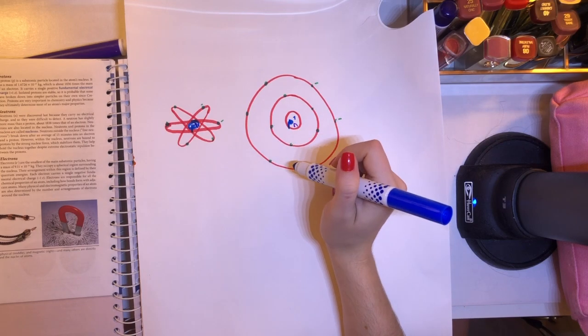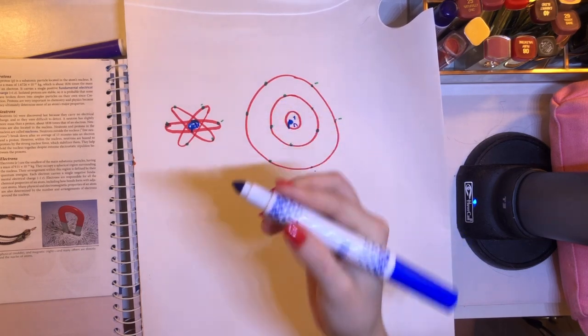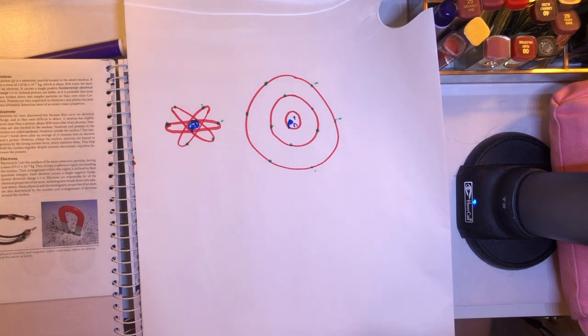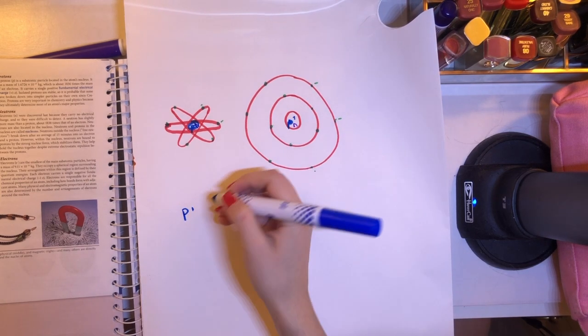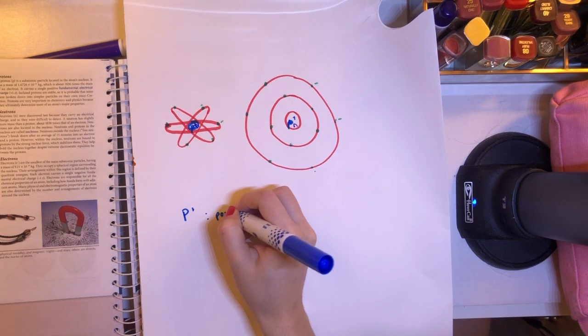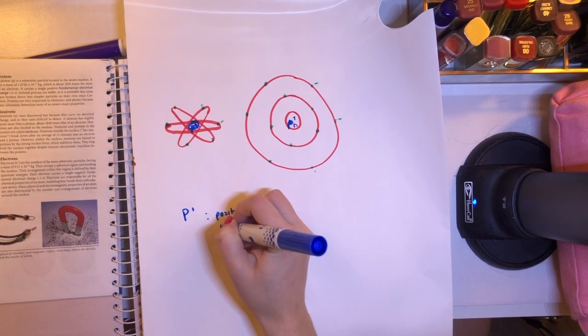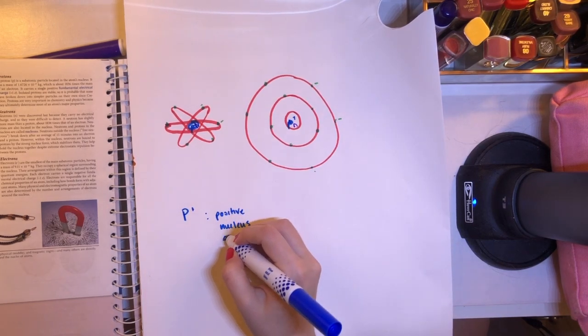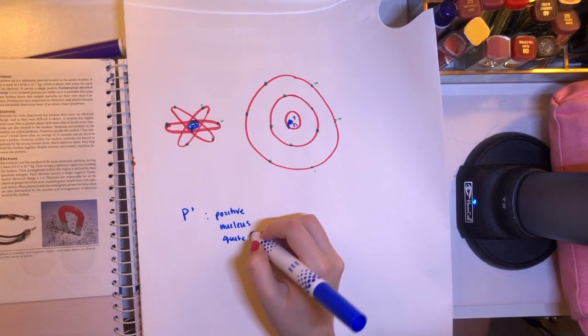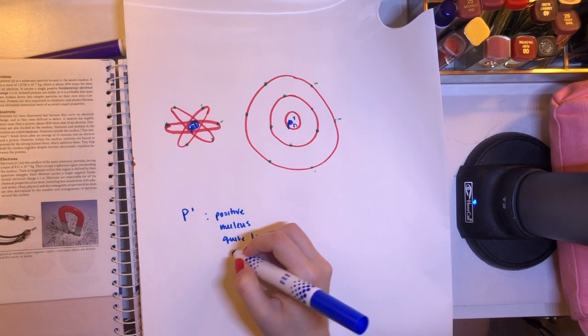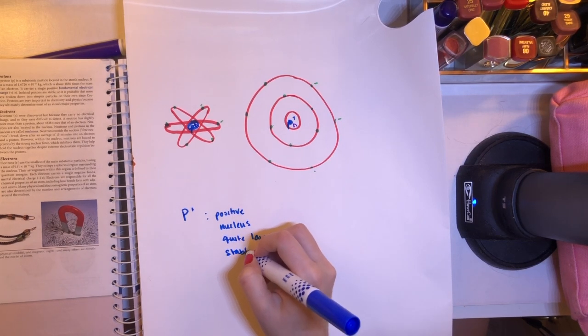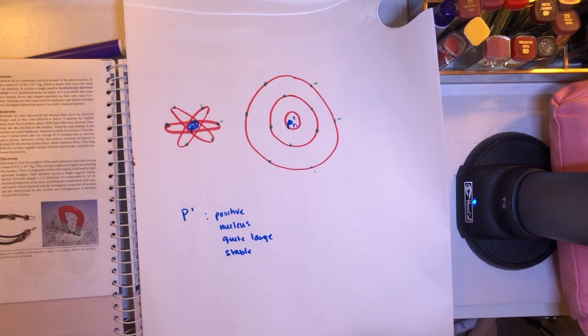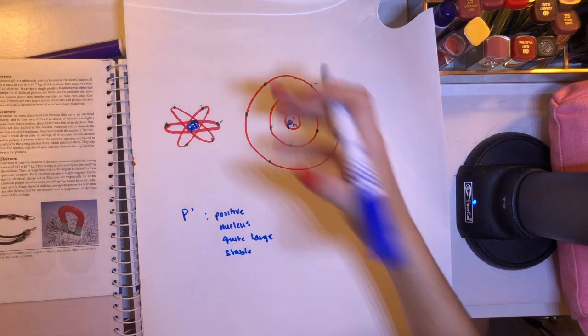What I'm about to tell you about each of these subatomic particles are the most important things that you need to know. So protons are positive. They're located in the nucleus. They're actually quite large. And they're very stable. They're stable, meaning they're not really involved in reactions and such, and that's because of their location.